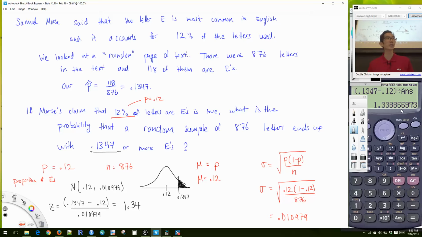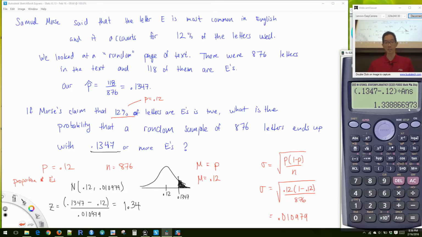Should I do that again? Okay. So again, in my calculator, I have the results of the previous calculation, which is my standard deviation of 0.010979.